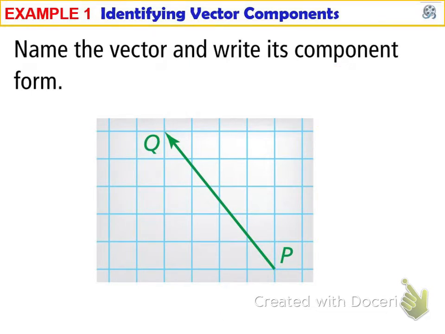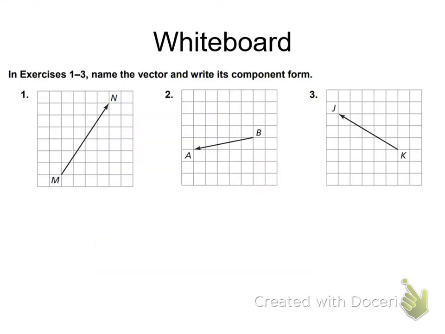All right, you're going to go to your whiteboard real quick. We're going to go back to the notes, so don't put the notes away. We're not done with them completely. But name the vector and write its component form. Sorry, in your whiteboard.